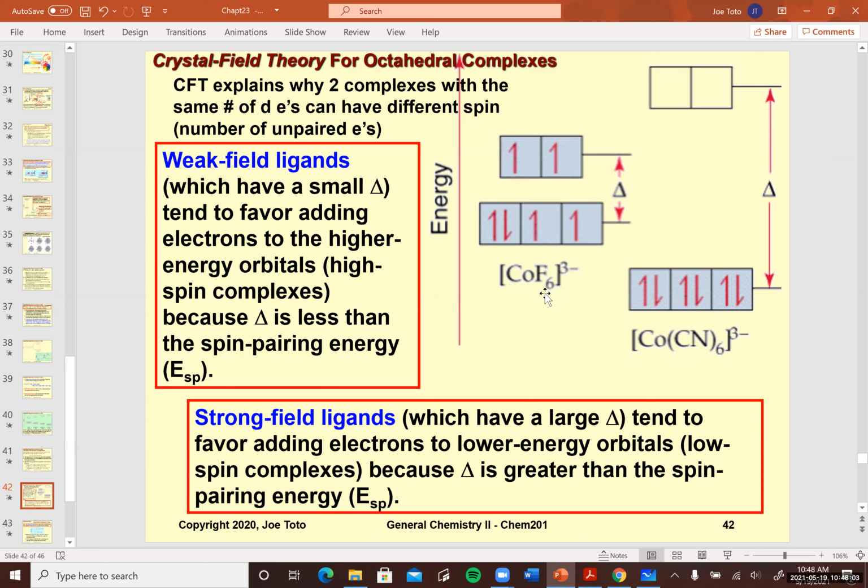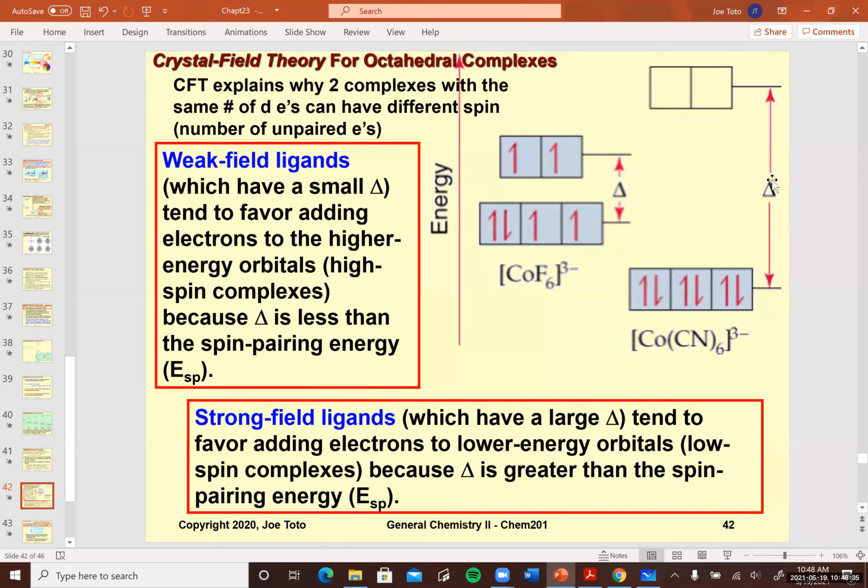Okay, so in this case, this cobalt 3, it's a cobalt 3 metal here, and it's a cobalt 3 metal here. In this case, I tend to promote giving more unpaired electrons, and therefore the magnetic properties of these paramagnetic electronic structures will interact with your magnetic field.